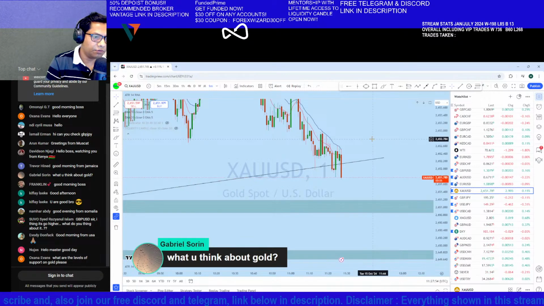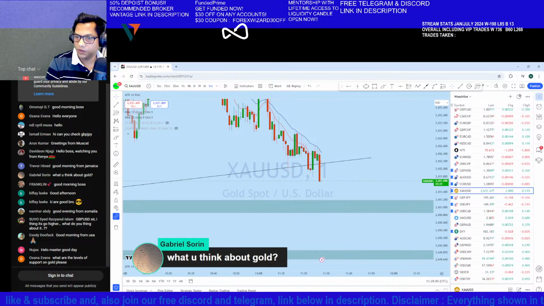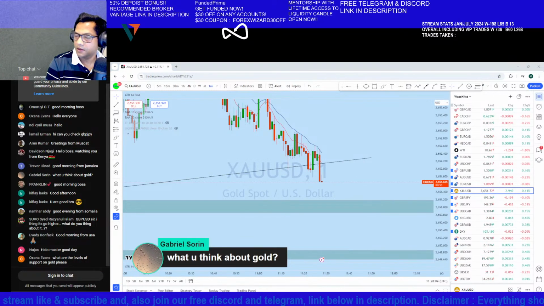The market is trying to break below, which we can see in that area. Any opportunity coming, we will be looking for entry as soon as we find it.